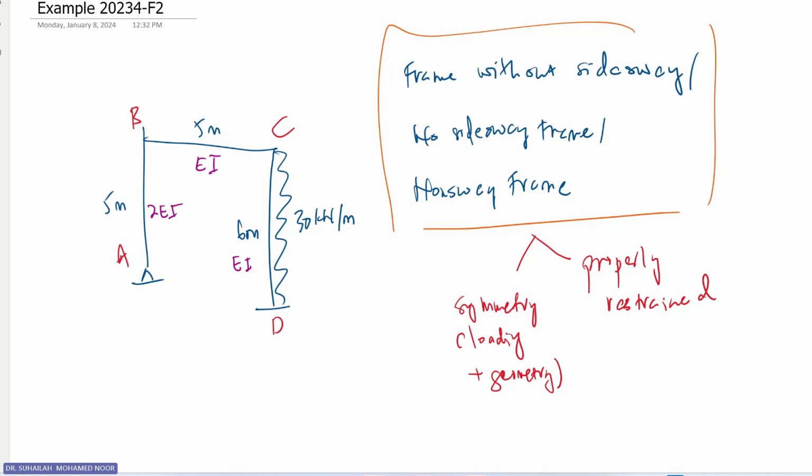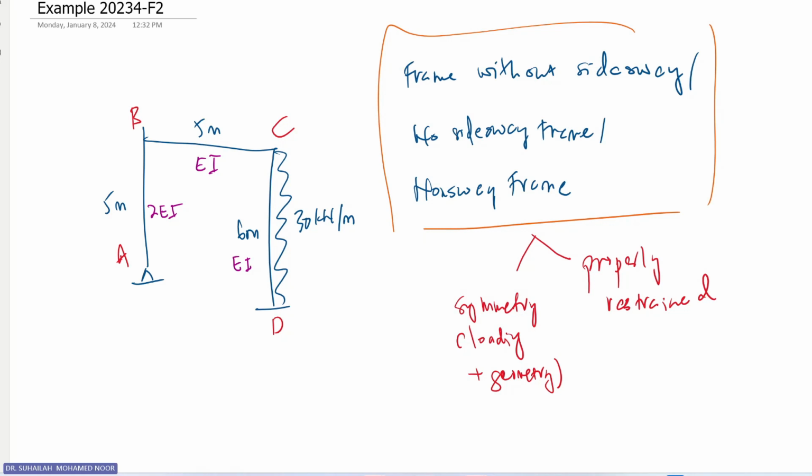Table 2, we calculate FEM due to delta, due to side sway only. Because FEM occurs due to two conditions: one is external loading, another one is due to delta.